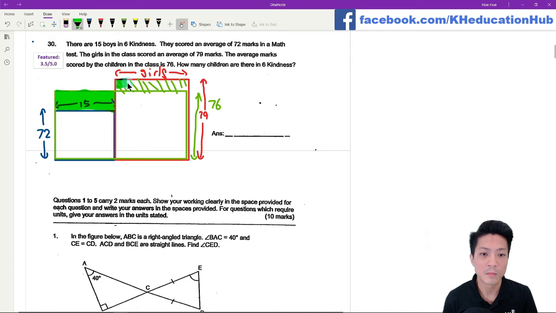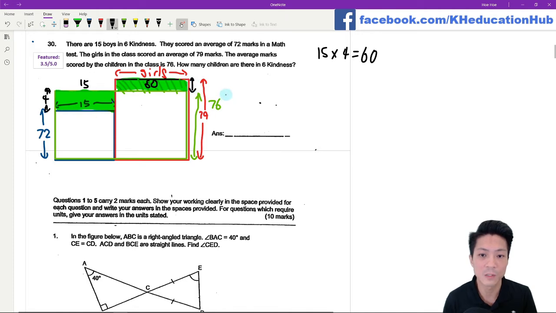The area of these two boxes will have to be the same. So now we can figure out that the area of this box over here is 15 times 76 minus 72, that will be 4. So here to here will be 4. Now 15 times 4 is equal to 60, which means that this box over here is also equal to 60. Now we look at the score over here.